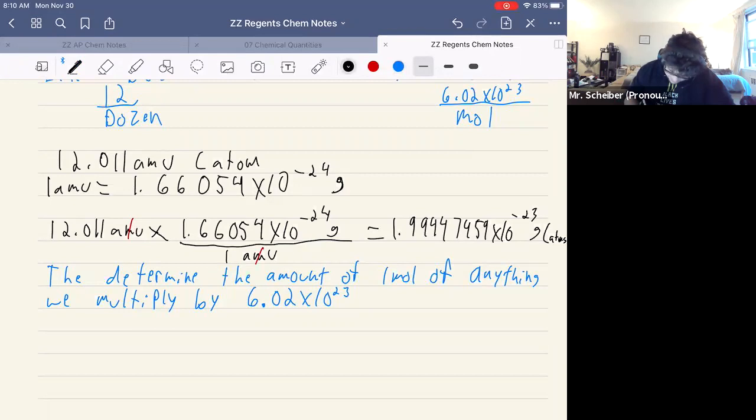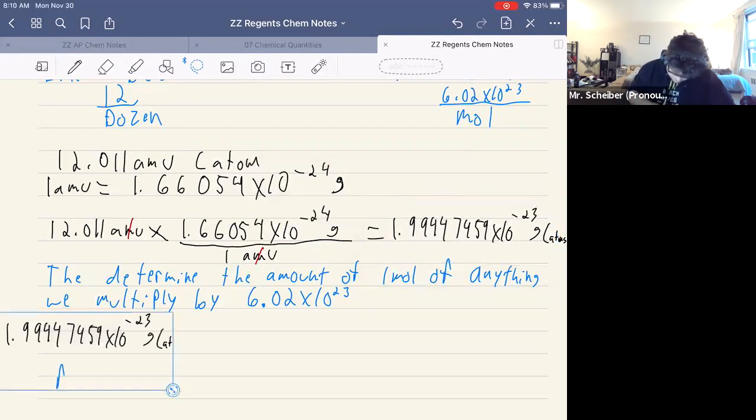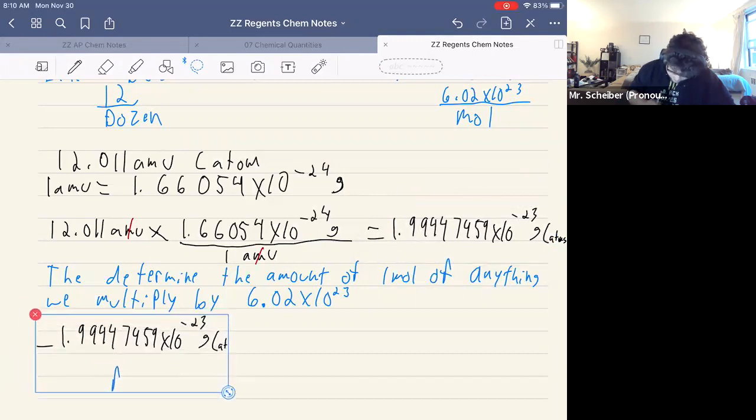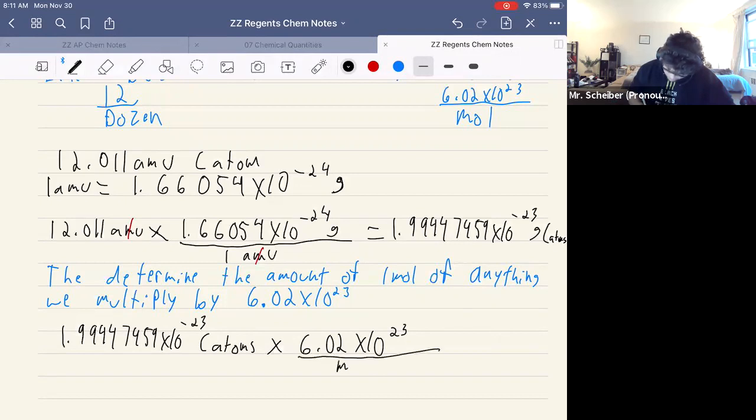So we're going to take that number, this number right here, and then we're going to multiply that by 6.02 times 10 to the 23rd per mole.